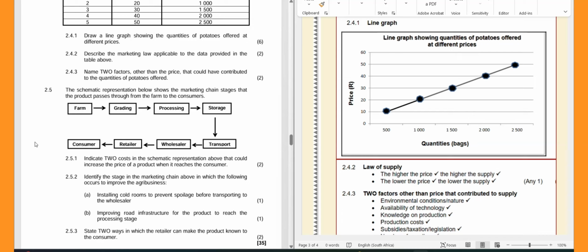That means we're going to use the law of supply. And the law of supply states that the higher the price, the higher the quantity supplied.